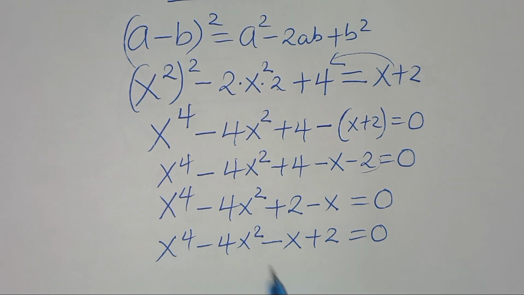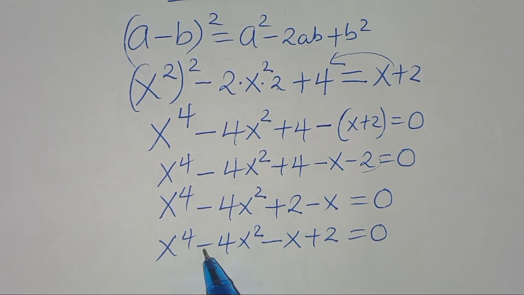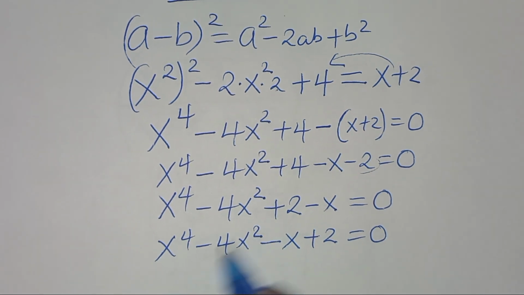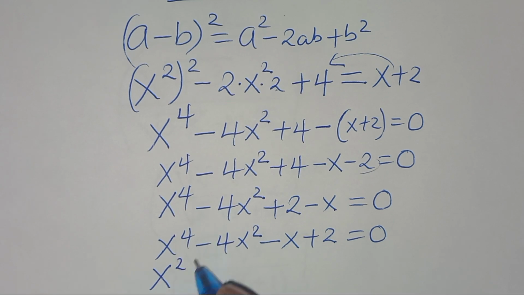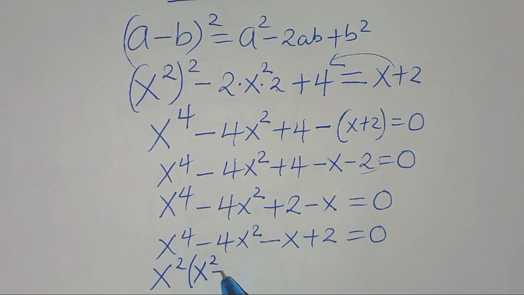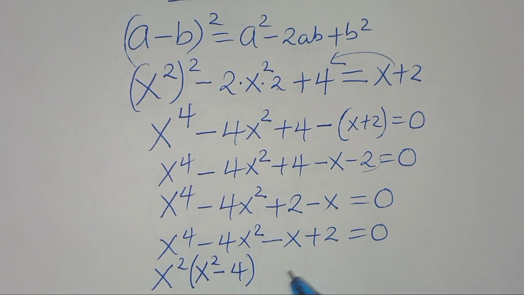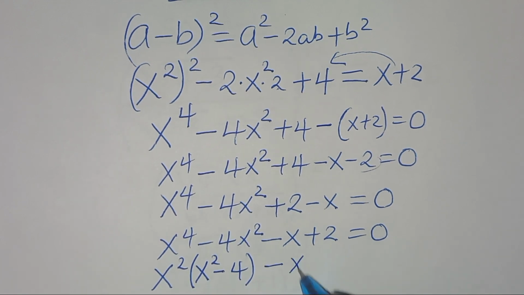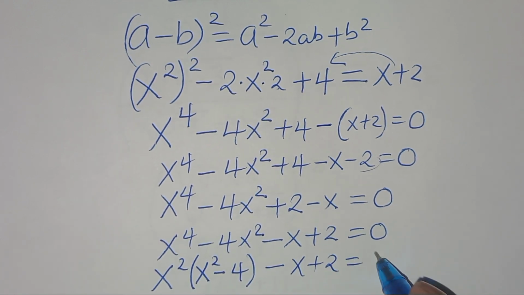The next step from here, we have x^4 minus 4x^2. So x^2 is common, we factor out x^2. So we have x^2 into the bracket (x^2 - 4), then subtract (x - 2), this is equal to 0.